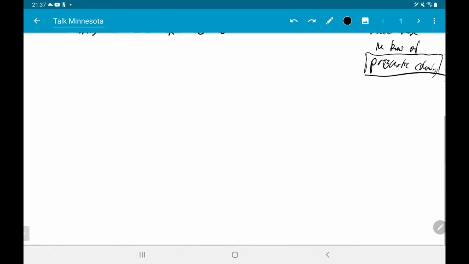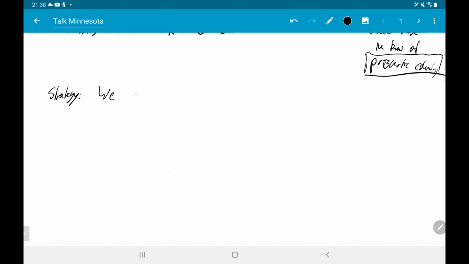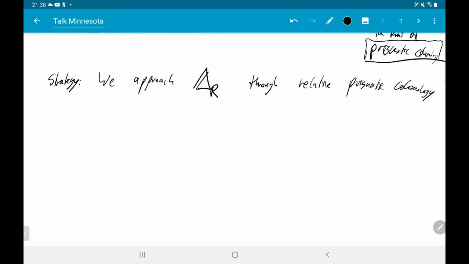And the strategy is we approach prismatic cohomology of these rings R through relative prismatic cohomology, where we work relative to some power series ring, Z_p adjoin z.